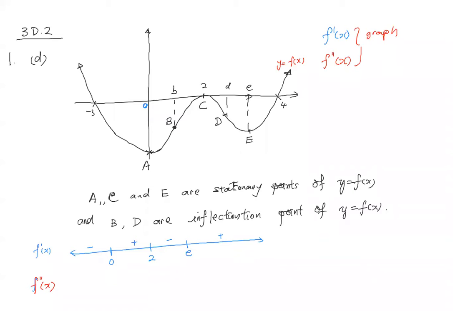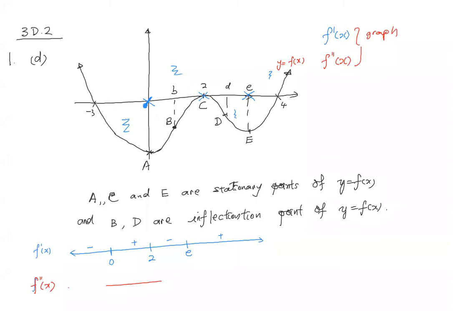The one in blue, I know you have to pass through this point, this point, and this point. Below, above, below, above. Okay. So now how does it go? I use my f double prime to help me.